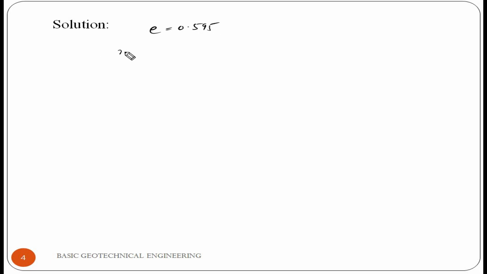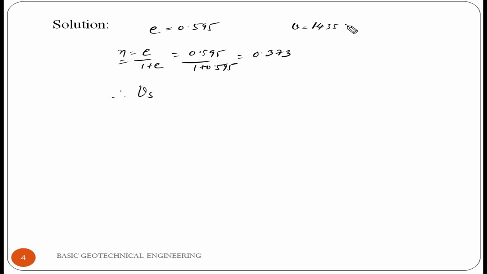So now we can calculate n is equal to e divided by 1 plus e, which is equal to 0.595 divided by 1 plus 0.595. So here the value is coming around 0.373. So now we know the values of V and n. V is 1.435 into 10 to the power of minus 2 centimeter per second.